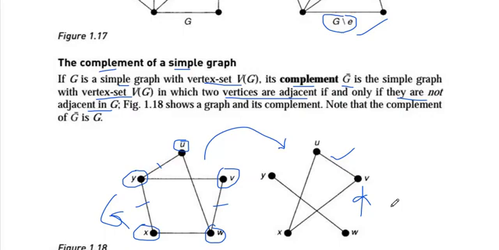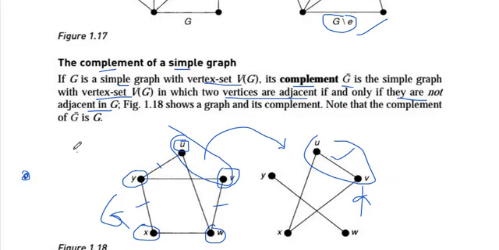So let's write two adjacent. Adjacent means near. Two vertices are adjacent if and only if they are not adjacent in G. Here u and v are not adjacent. What is the meaning of adjacent?